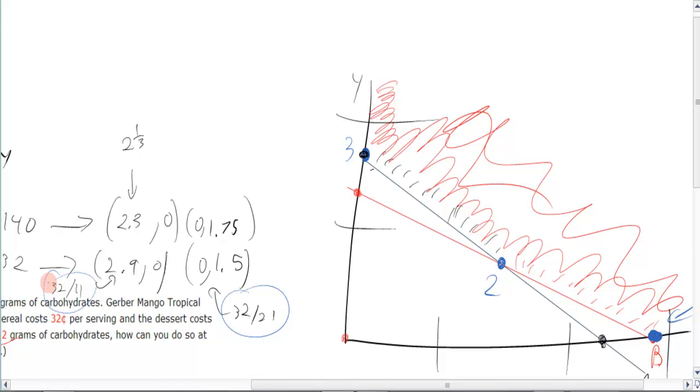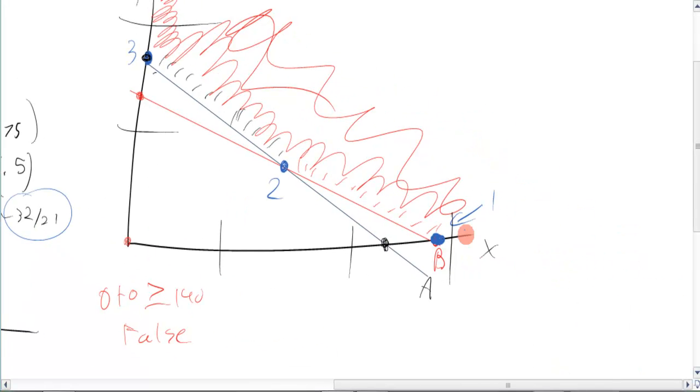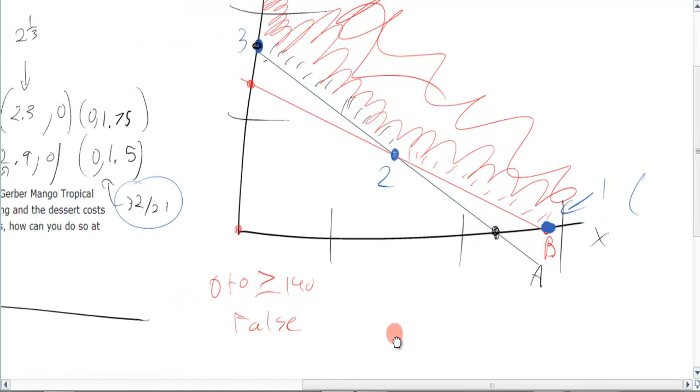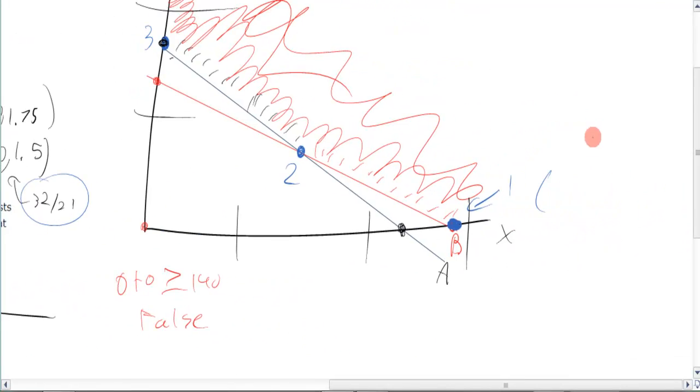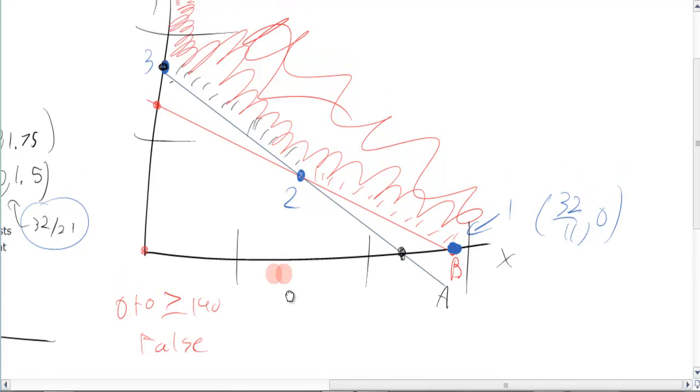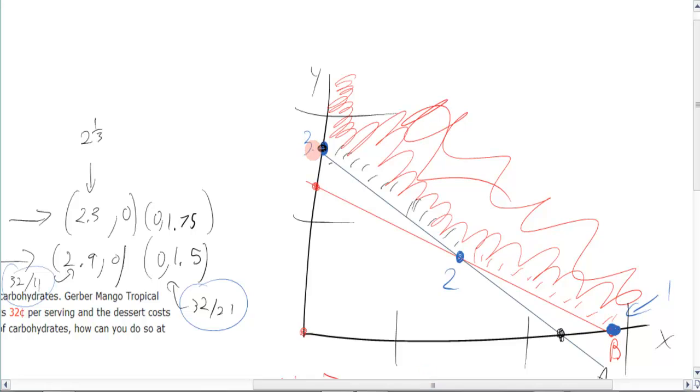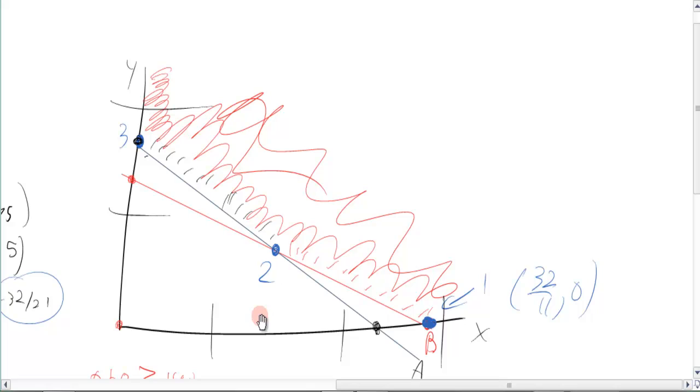So number 1 is the 2.9, but we're not going to use 2.9 unless it asks us to round to a certain decimal. We're going to remember that this is 32 elevenths, comma 0. Then number 3 up here comes from the first equation, and that's at 1.75. That one's actually exact, so that's 0, 1.75.